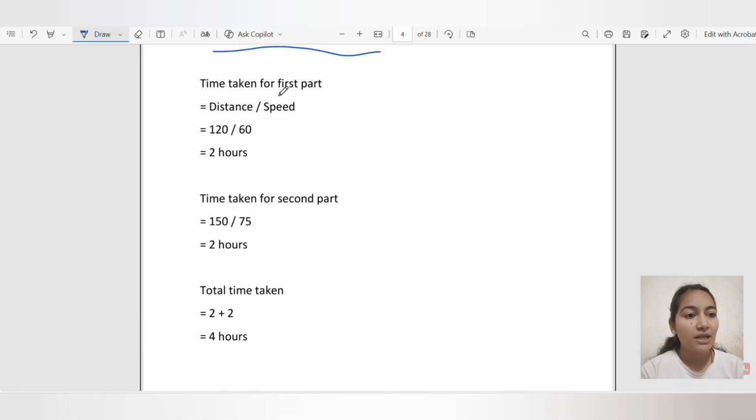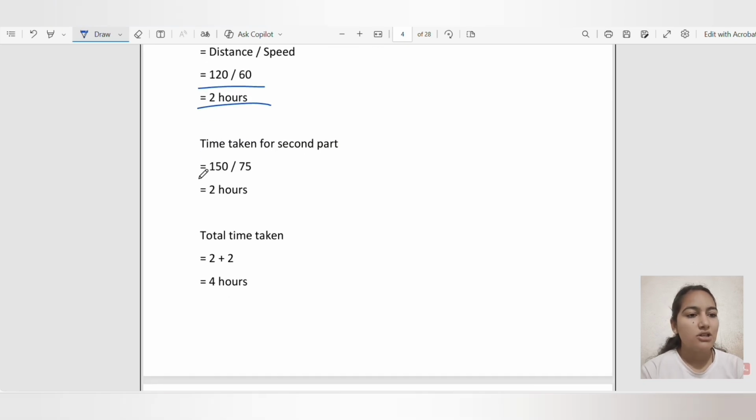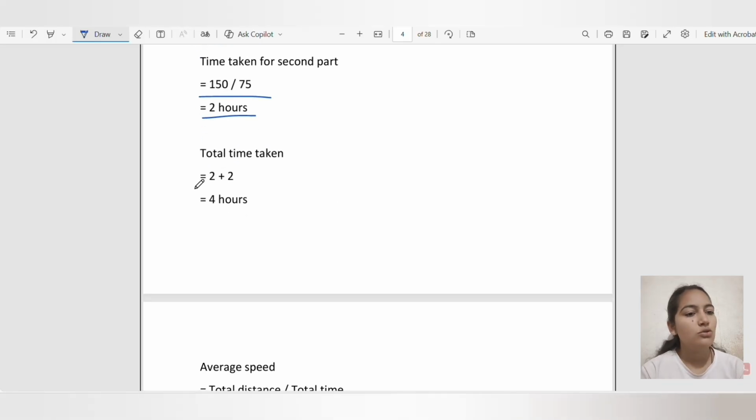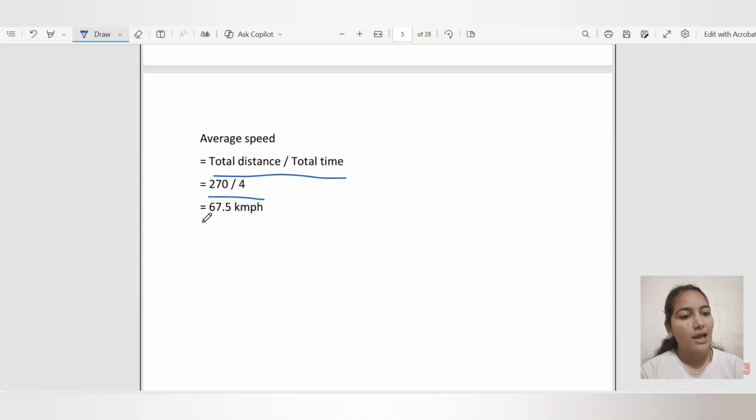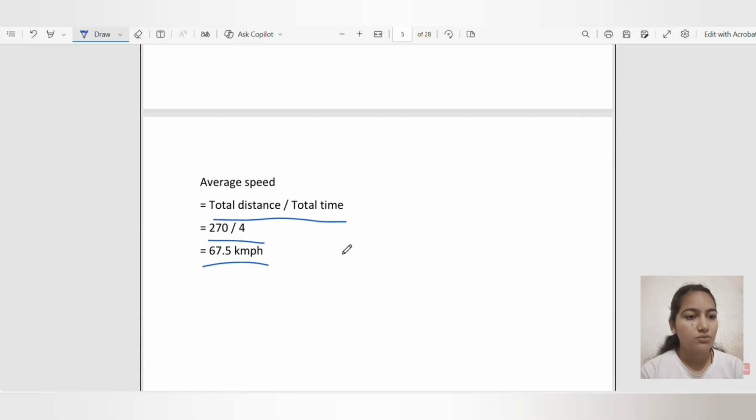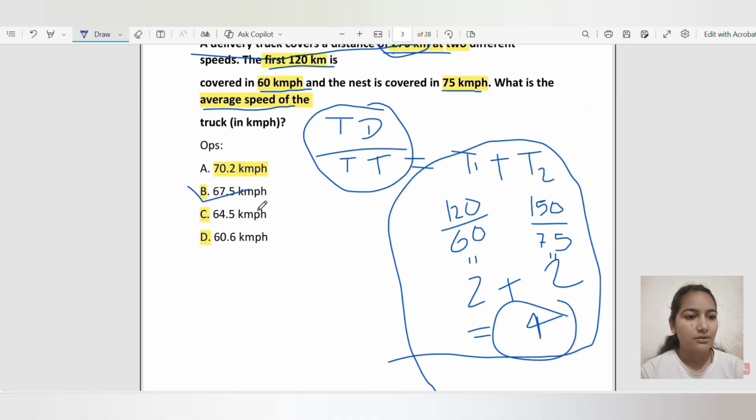The time taken for the first part is 120 upon 60, that is 2 hours, and for the second part is 150 upon 75, that is also 2 hours. So the total time is 2 plus 2, that is 4, and average speed is total distance upon total time, 270 upon 4, and the answer is 67.5 km per hour. Your option B is correct.